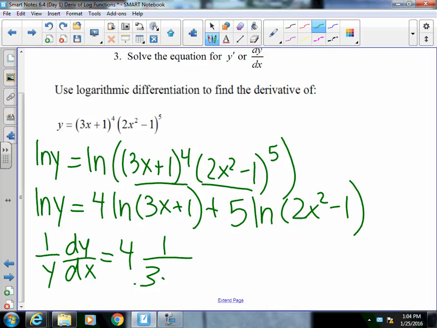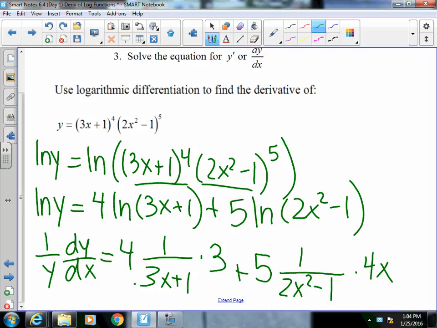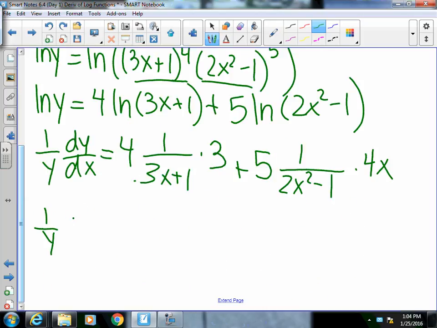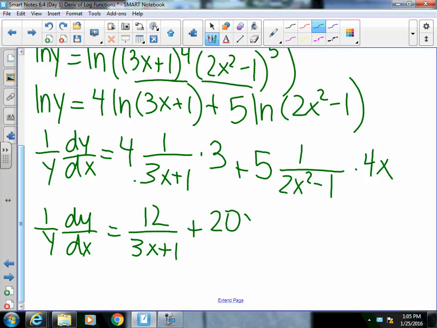We've got 1 over 3x plus 1 times 3 as the derivative of that first logarithm, plus 5 times 1 over 2x squared minus 1 times 4x. So if I rewrite this a little bit, 1 over y dy/dx equals 12 over 3x plus 1 plus 20x over 2x squared minus 1.